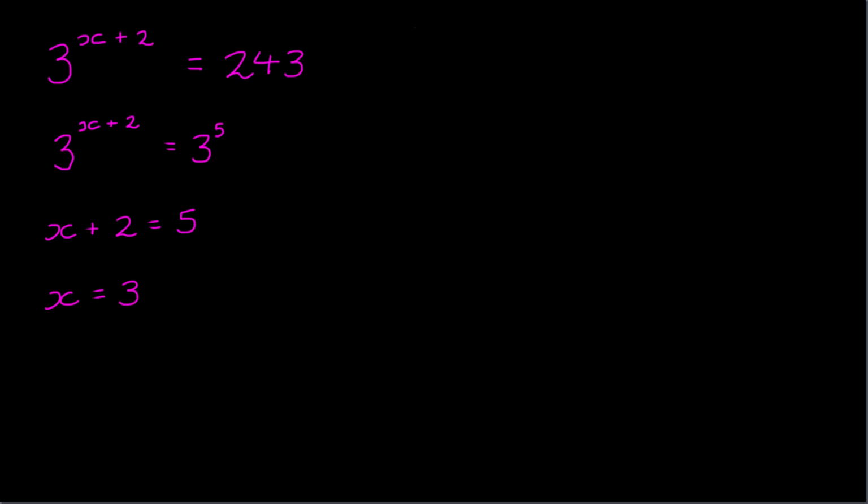The next equation we'll solve is 4 to the power of x plus 1 plus 8 equals 12 times 2 to the power of x. And what we're going to do is separate this first term into 4 times 4 to the power of x plus 8 equals 12 times 2 to the power of x.